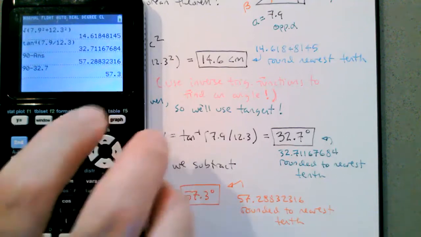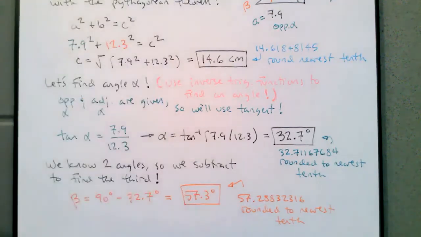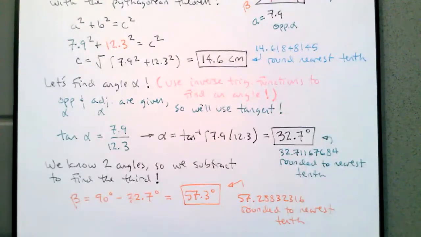I have a question. So when we were finding angle alpha, and we were using the inverse trigonometry, we decided it was tangent because opposite over adjacent. So it was 7.9 over 12.3.